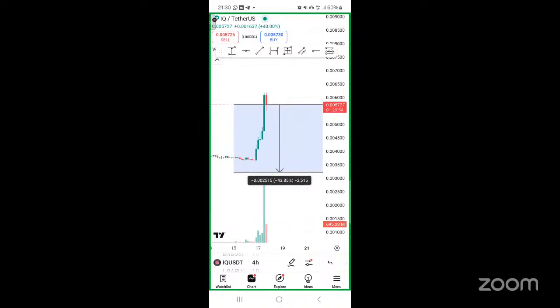So are we supposed to be radical, conservative, or steady in this coin if we are trading it? Some answers in the chat.